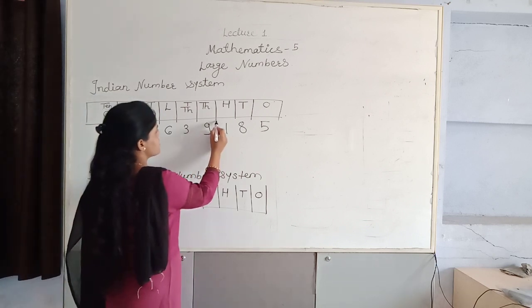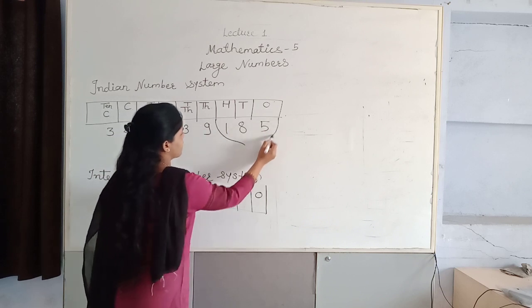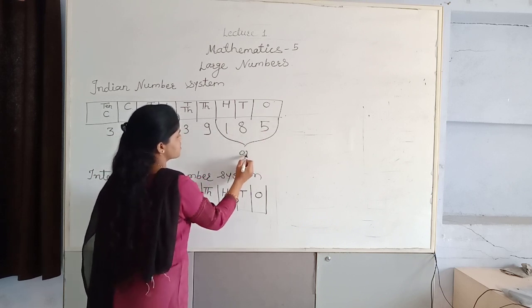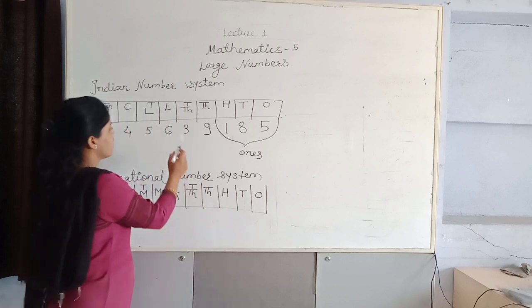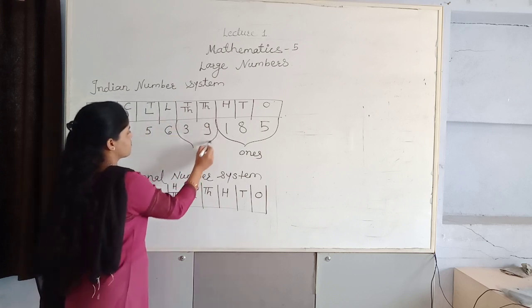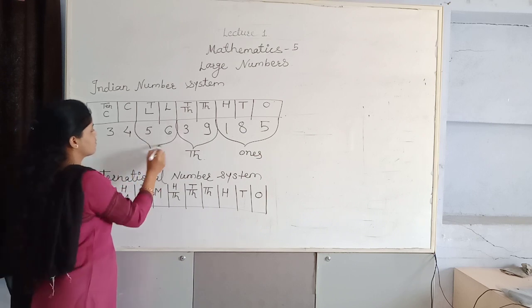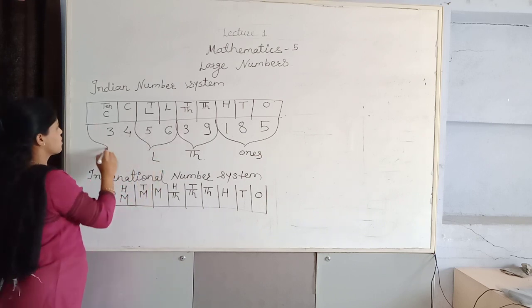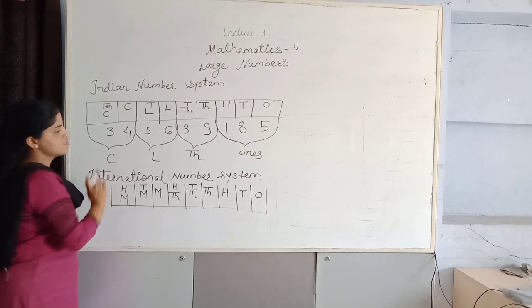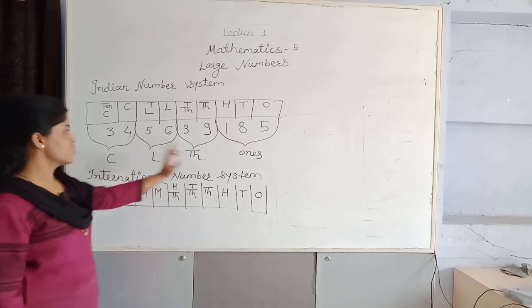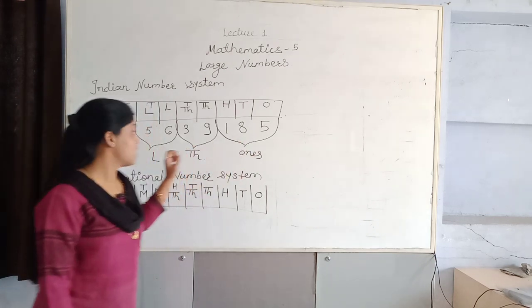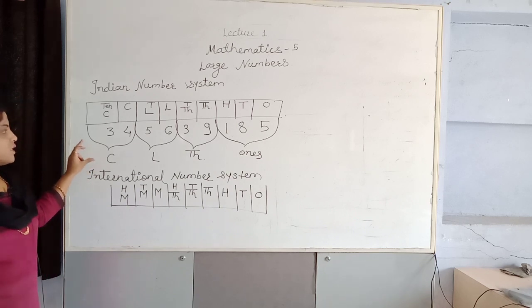In the Indian number system, this is the ones period, and it has 3 digits, so it is called the ones period. Now it is the thousands period. This is the lakh period, and this is the crores period. That means it has 4 periods, in which only one period has 3 digits. Now periods help us to read the number.